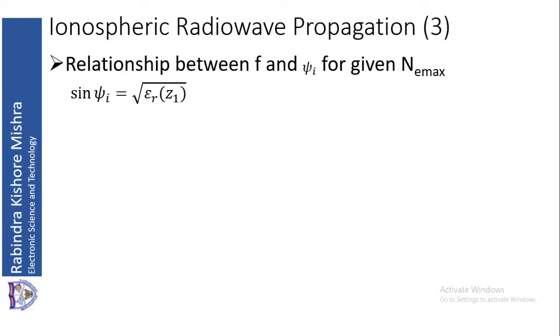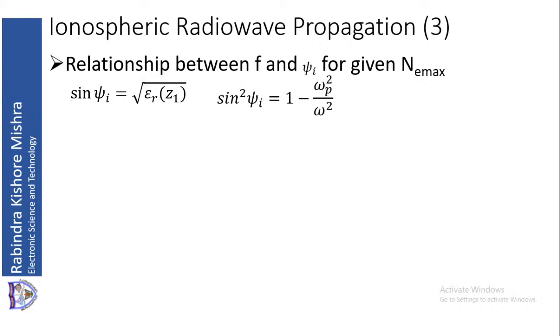The relationship between frequency and psi i for a given Ne max, as we have just seen, is sin psi i equal to root over epsilon r zi. This is for the ray to bend back to the earth.